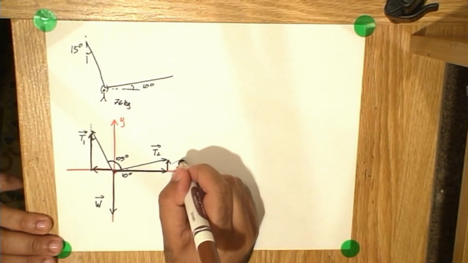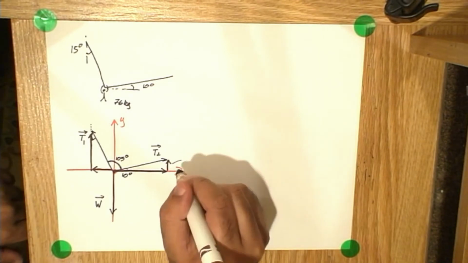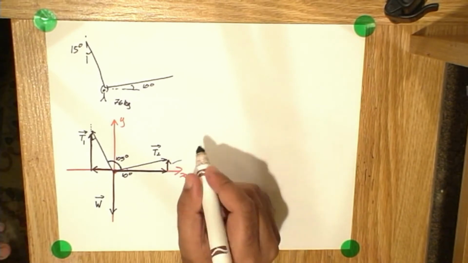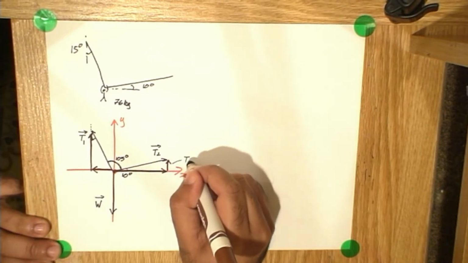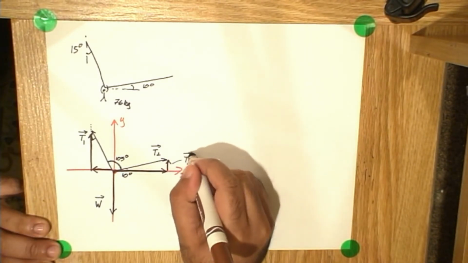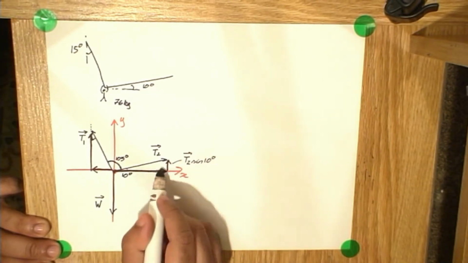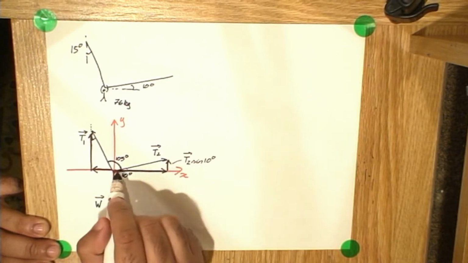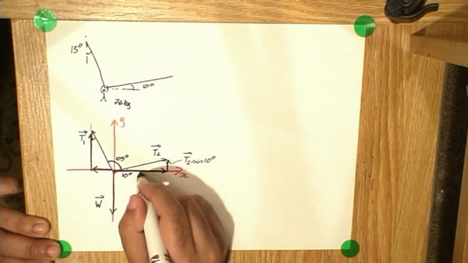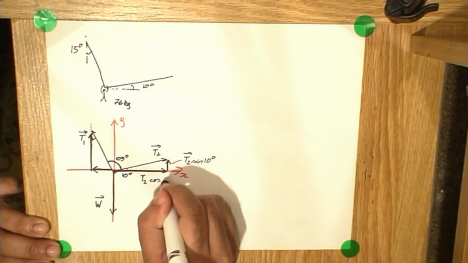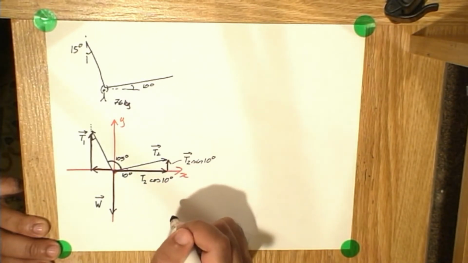So for T2, we could say that this side, the vertical side, is opposite this angle. So that is going to be T2 sine 10 degrees, because this is the opposite side of the 10-degree angle. And this horizontal side would be T2 cos 10 degrees.